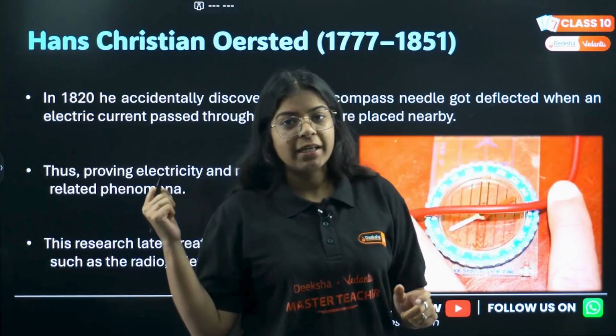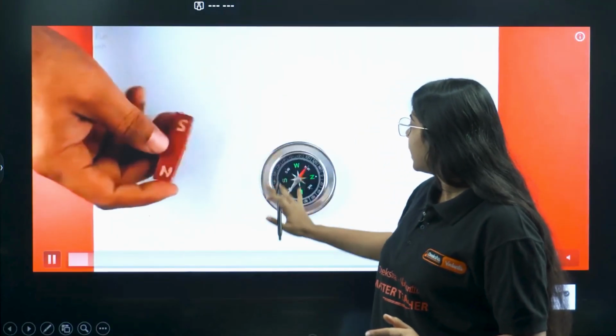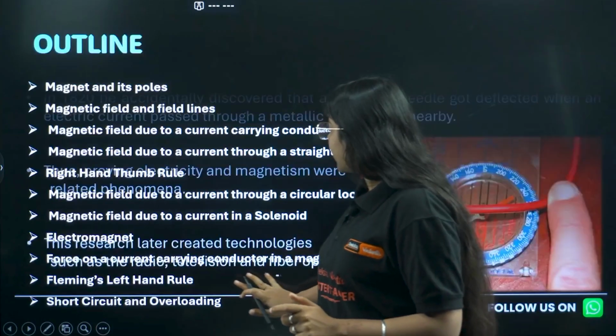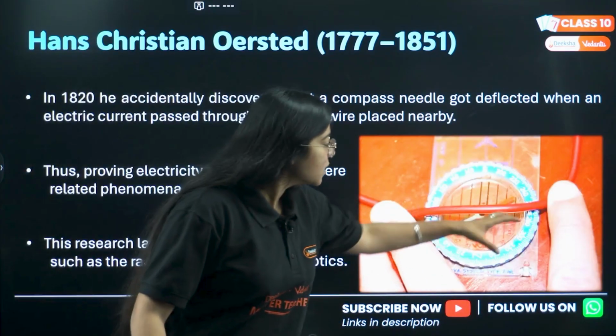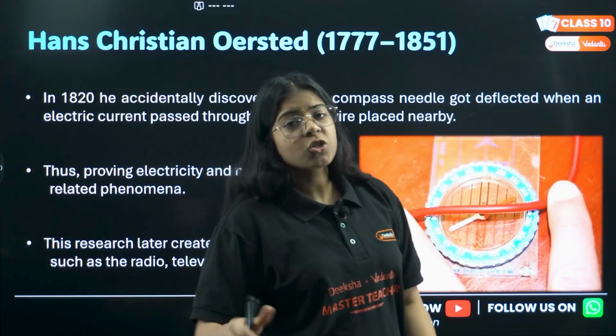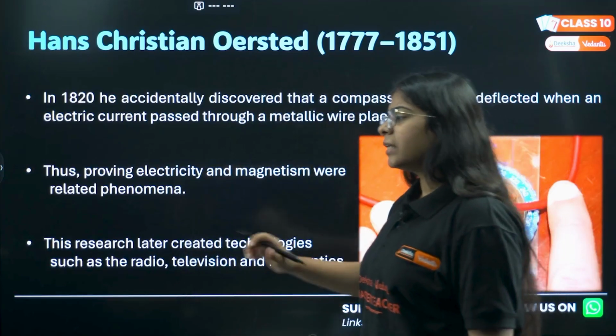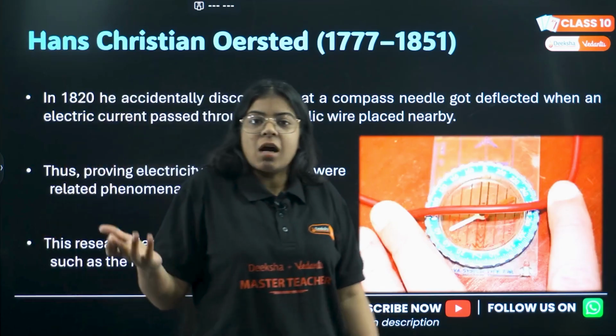We saw how the needle was getting deflected, right? In this video, we saw that this needle is getting deflected. So when he placed this compass, let's say parallel to this wire, and switched on the current, he saw that the compass needle got deflected. So he was very stunned.